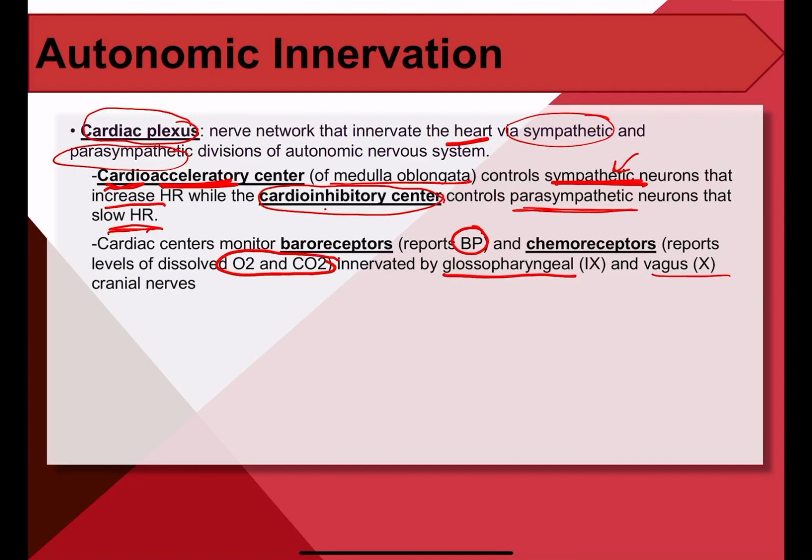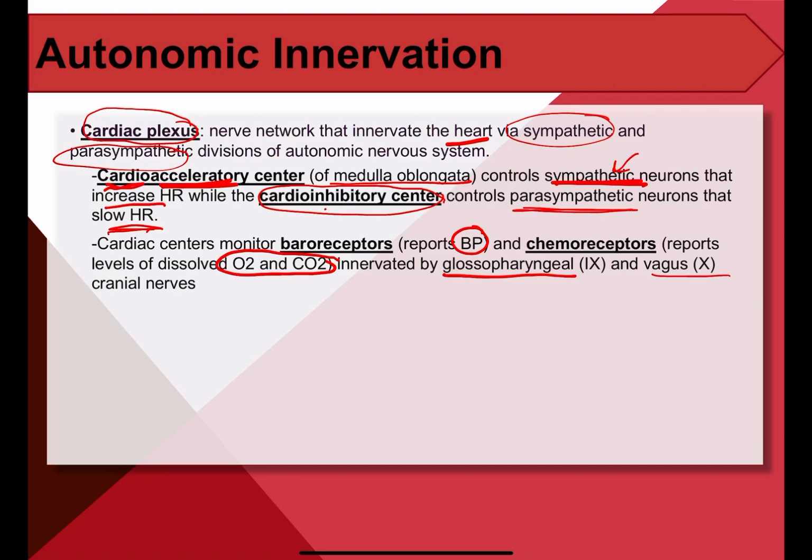For example, if something's going wrong with the body, you're bleeding somewhere, and blood pressure is dropping crazy, your baroreceptors are able to detect that, and they say something's wrong, our blood pressure is dropping. So baroreceptors go through the cranial nerves and tell your brain, hey, something's wrong with the body, you gotta intervene now. Pacemaker cells don't intervene with this stuff.